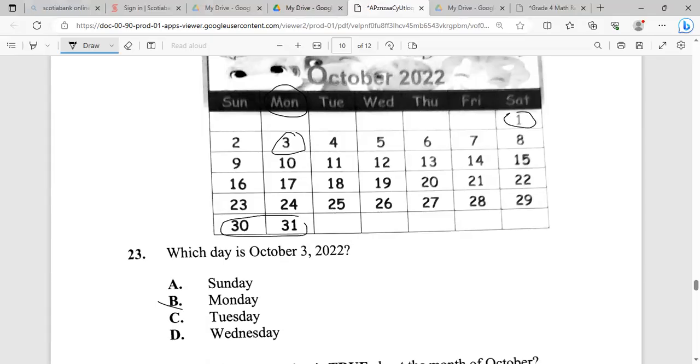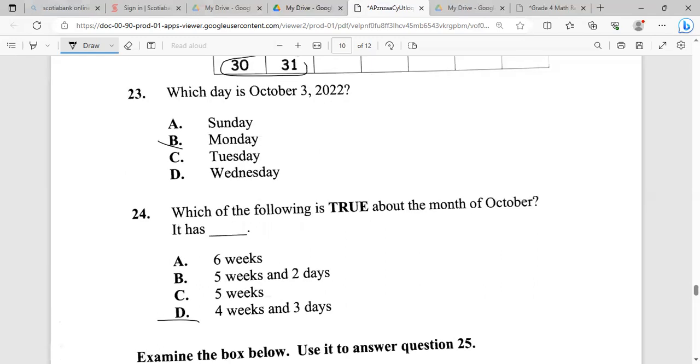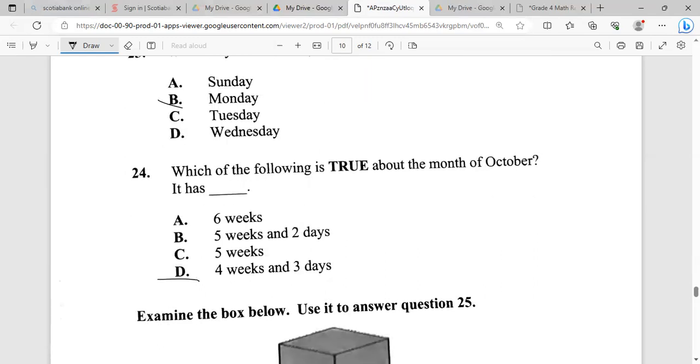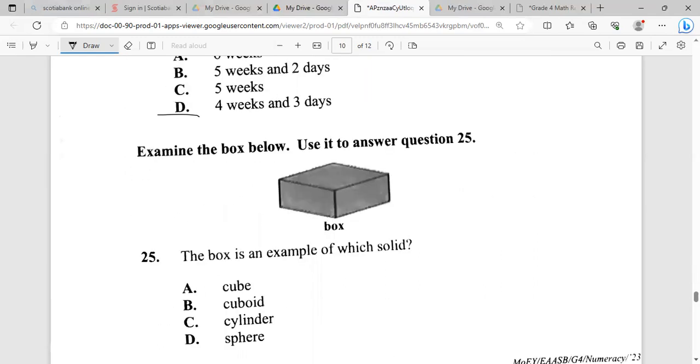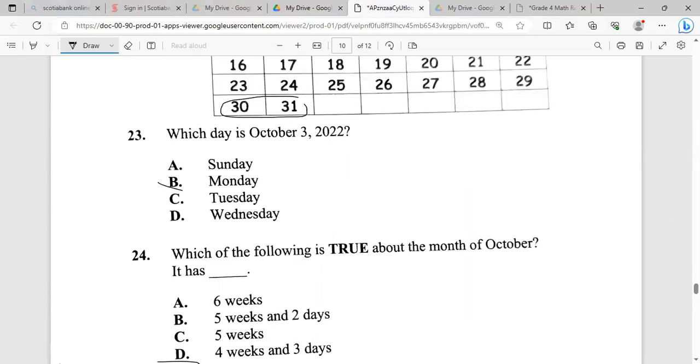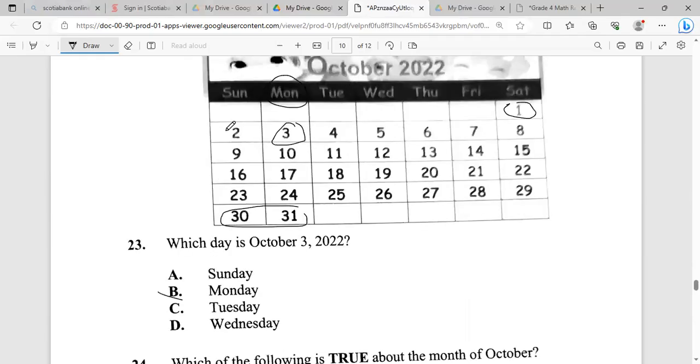All right, so that would be 4 weeks and 3 days. Let me see something. 1, 2, 3, 4, 7, 28 and 3, yeah.